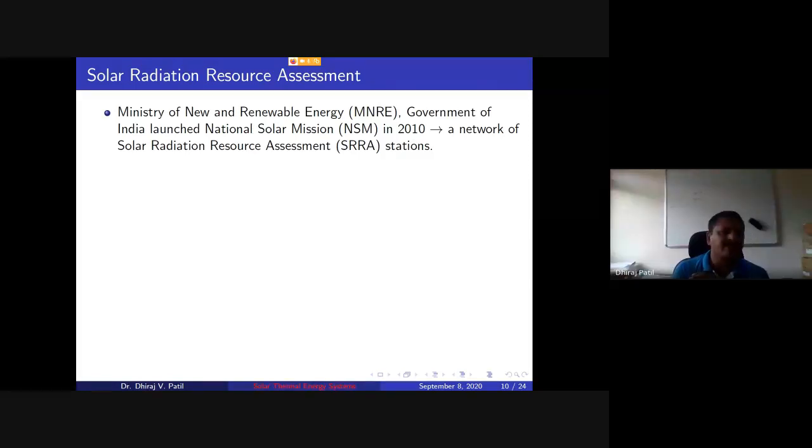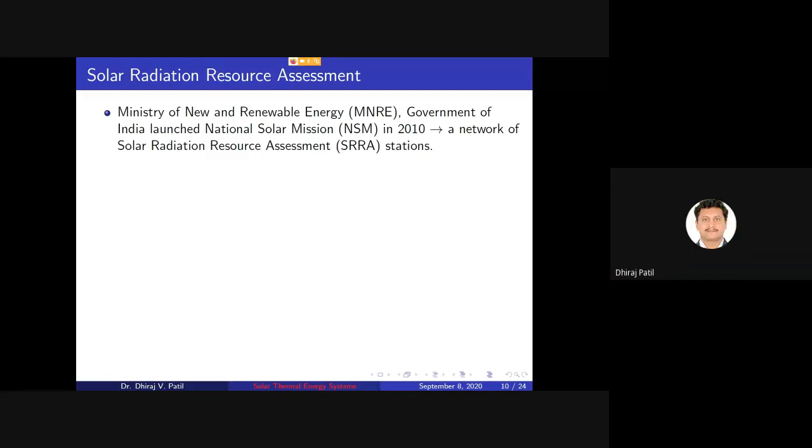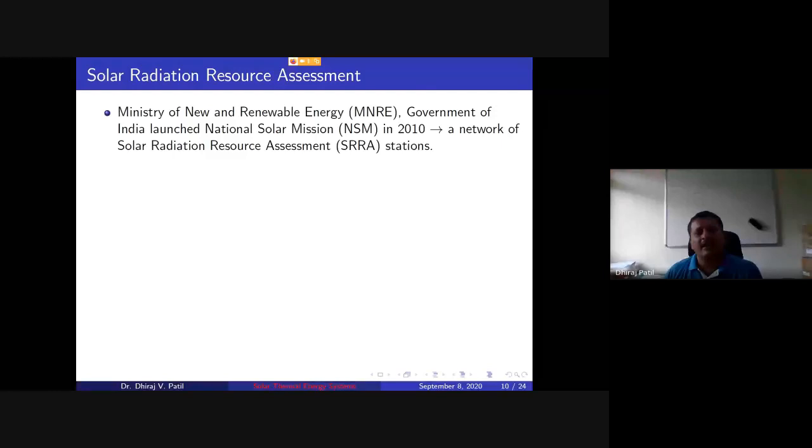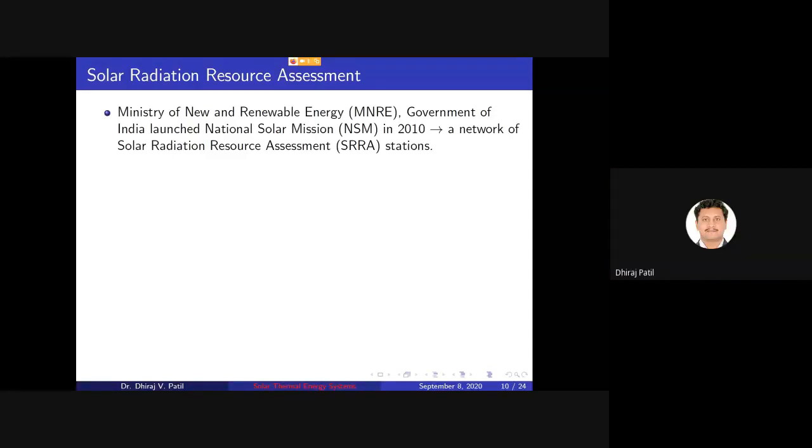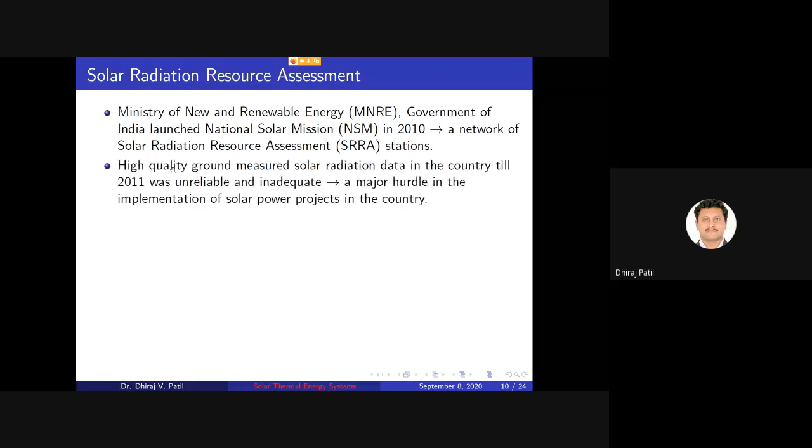Now for India, we have the Ministry of New and Renewable Energy, which we call MNRE. The government of India launched the National Solar Mission in 2010, where they started to build a network of solar radiation resource assessment stations. These stations understand the solar radiation along with other parameters.